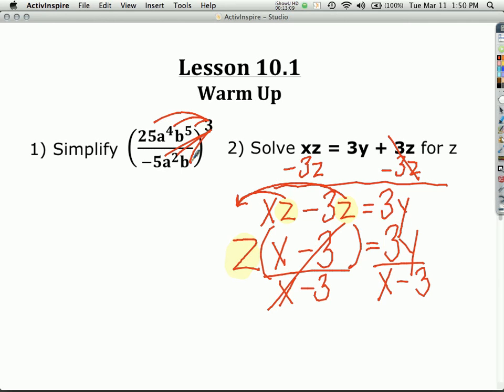But before I get away from that, when I do a to the 4th to the 3rd, what does that become? Everybody in the room should know, because it's Mr. Gallett's favorite property. What does it become when we do a to the 4th to the 3rd? That's what this line is right here. What does that become?